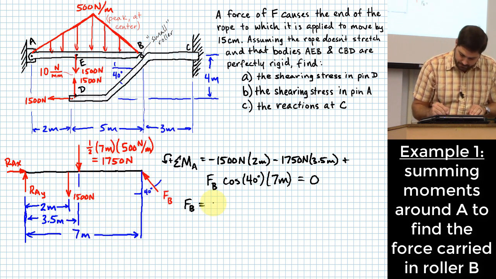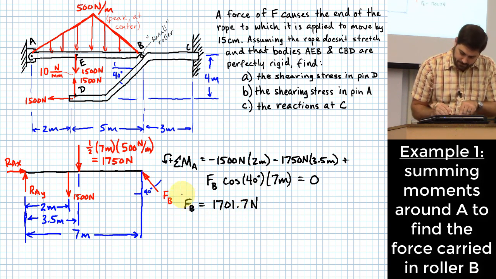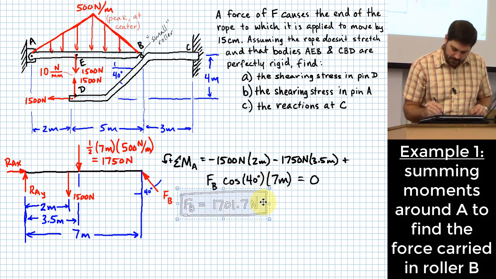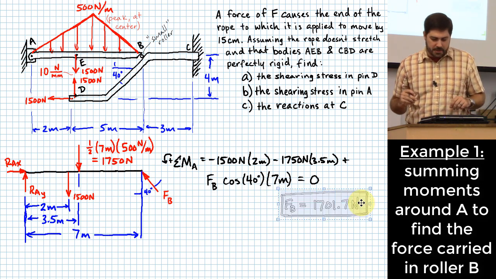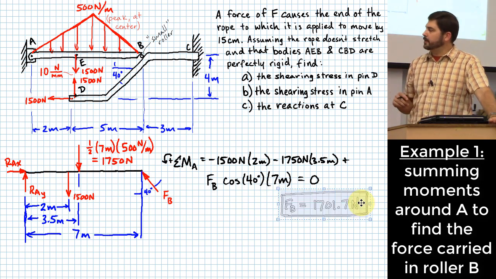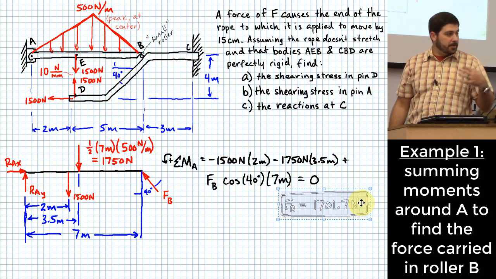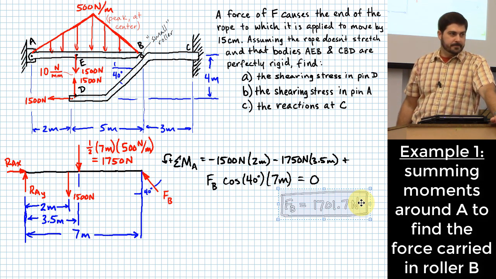That's 1701.7. This is going to be in newtons. Yes. Okay. Yeah, the question just was, why should it be cosine of 40? And the reason is we're trying to get that adjacent component to where that angle's measured. That makes sense?